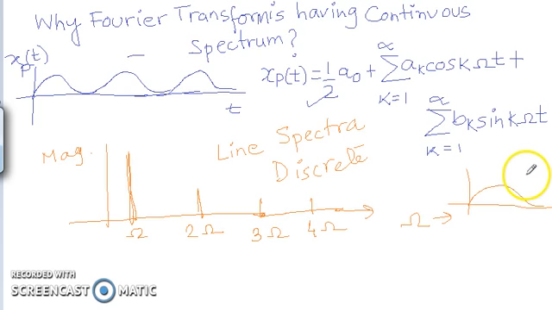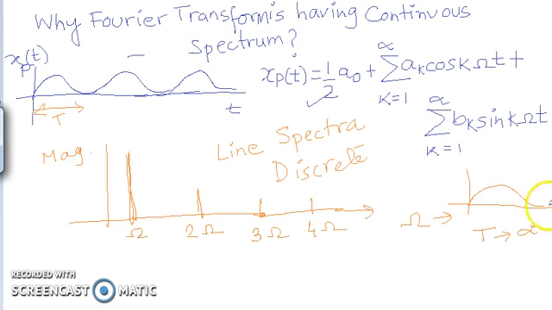Now, by definition, the time period of this periodic waveform was T. That means the same thing is repeats after T time. By definition of an aperiodic waveform, that type of signal is said to be aperiodic which has time period T tending to infinity.